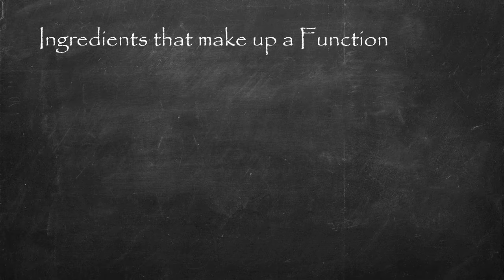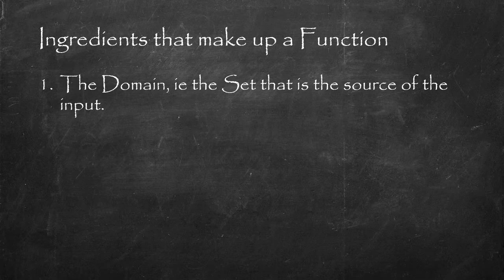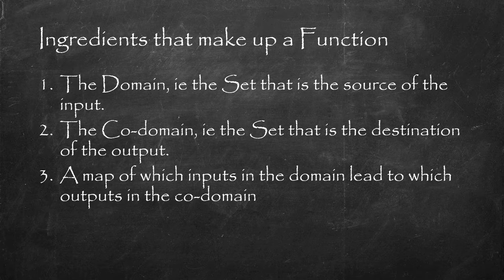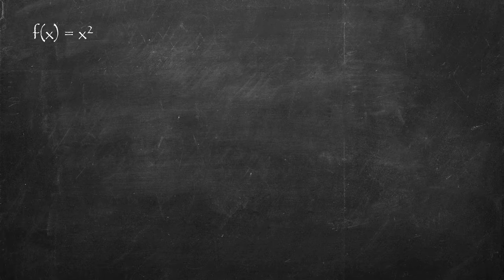Let's take a closer look at the ingredients that make up a function. So the first one is the domain, which is the set that is the source of the input. Then we have the codomain, which is the destination set. And finally, and most importantly probably, is a map of which inputs in the domain lead to which outputs in the codomain. This is what actually defines the transformation that a function is doing to its inputs, right?